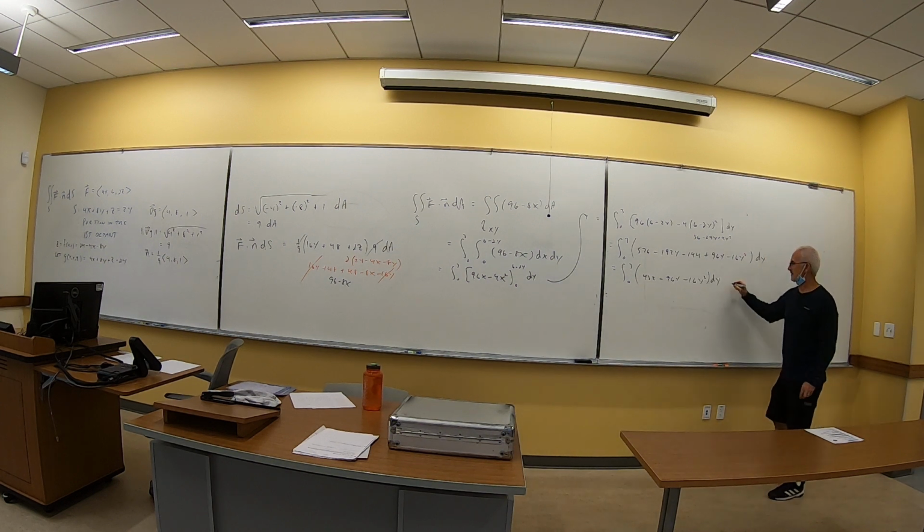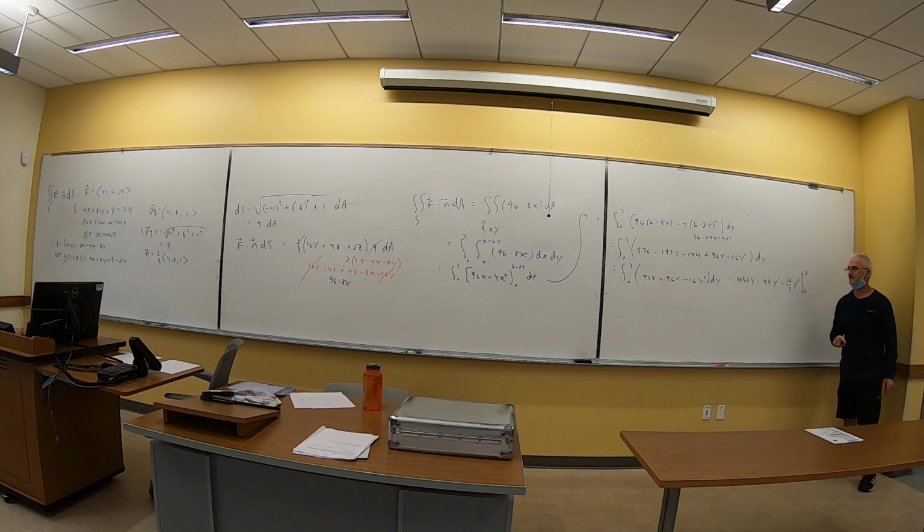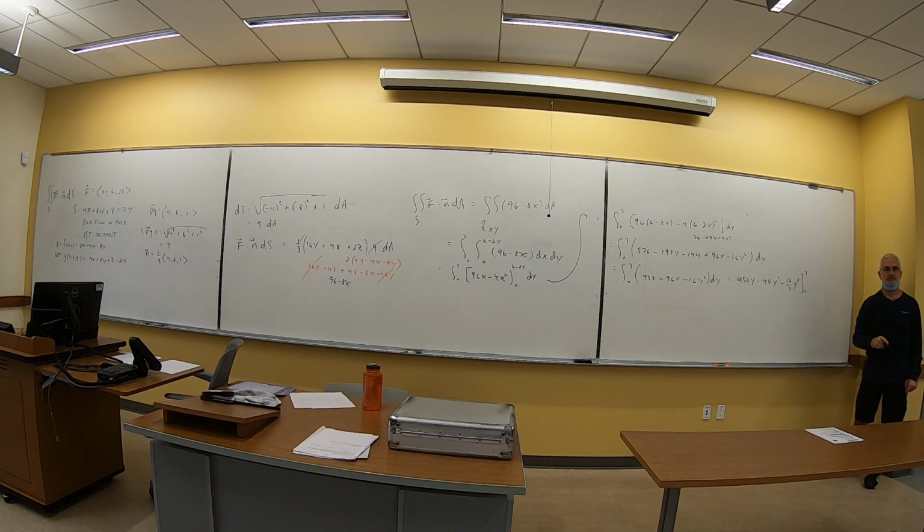And get out your calculators. So we have 432y minus 48y squared minus 16/3 y cubed from 0 to 3. Now what do we get?